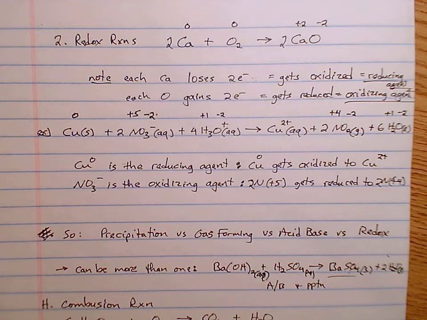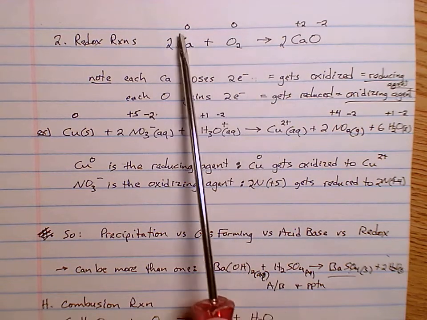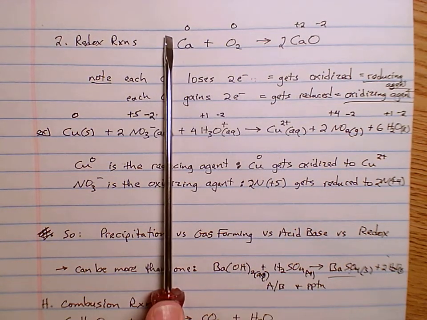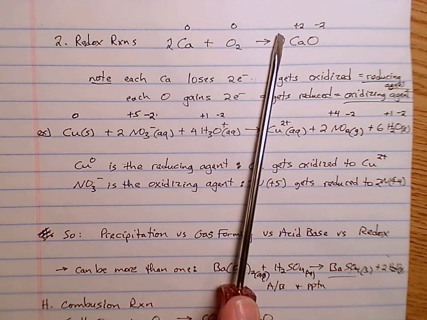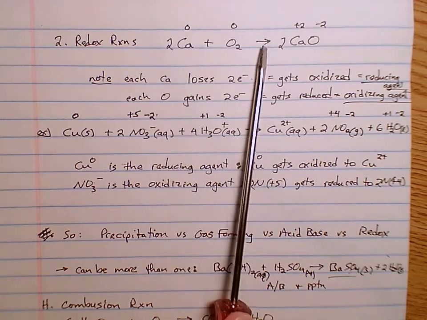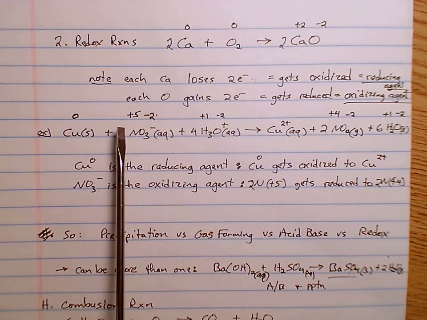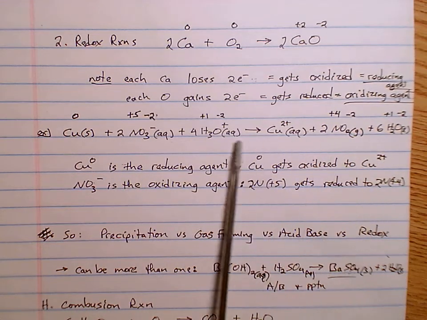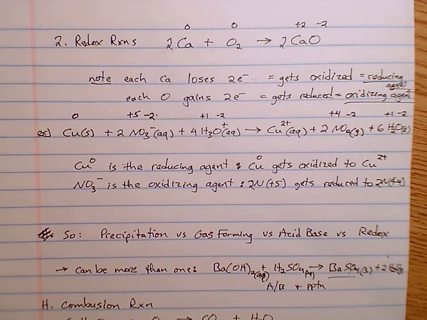All right, but here's the deal. If I gave you this reaction without the stoichiometry, I just had calcium plus O2 goes to CaO, you could probably balance that pretty easily. But what if I gave you this reaction and asked you to balance it? All of a sudden things get a little trickier.